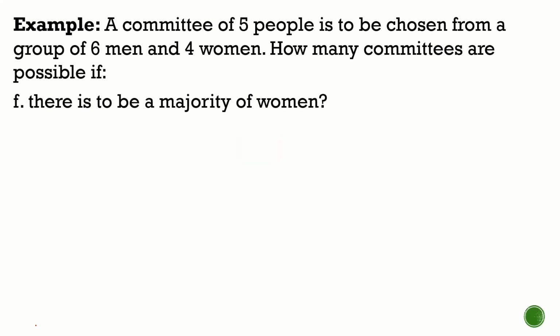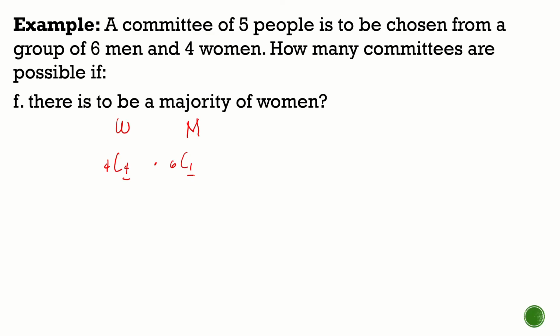There is to be a majority of women. So if there is a majority of women, and we have 4 women, that means out of those 4 women, there's one possibility. We will choose all those 4. If we already choose those 4, out of the 6 men, we only need 1. 4 and 1, that's 5. 4 is majority.